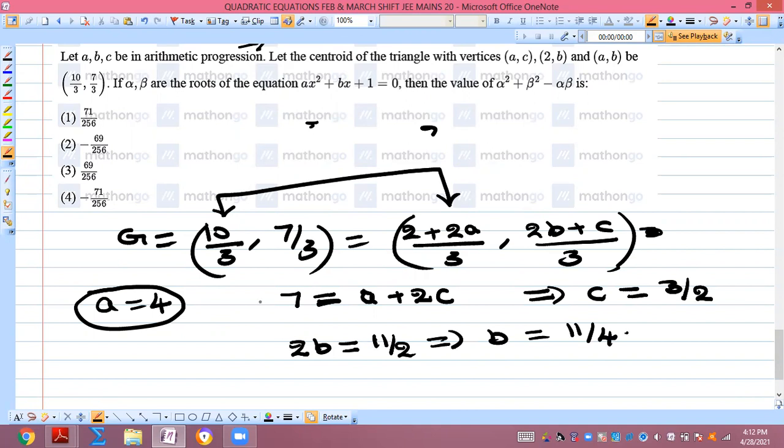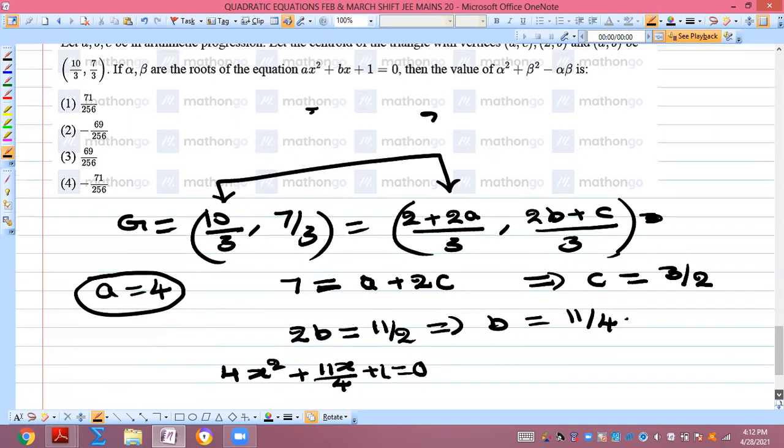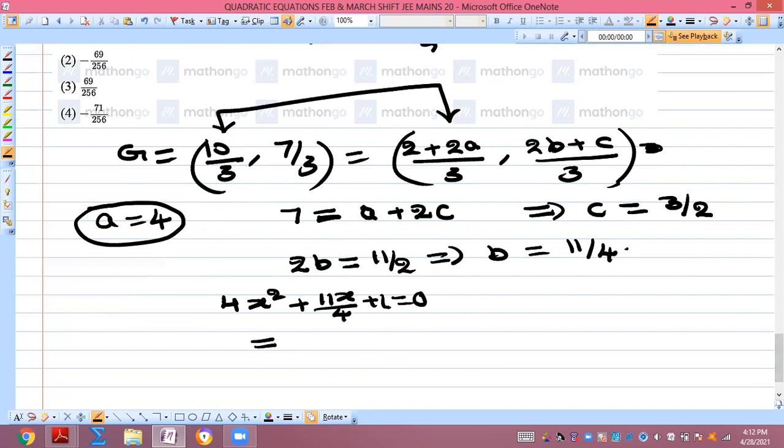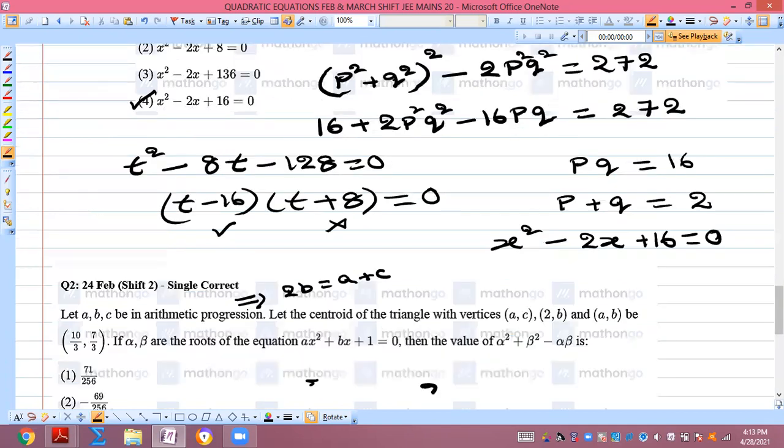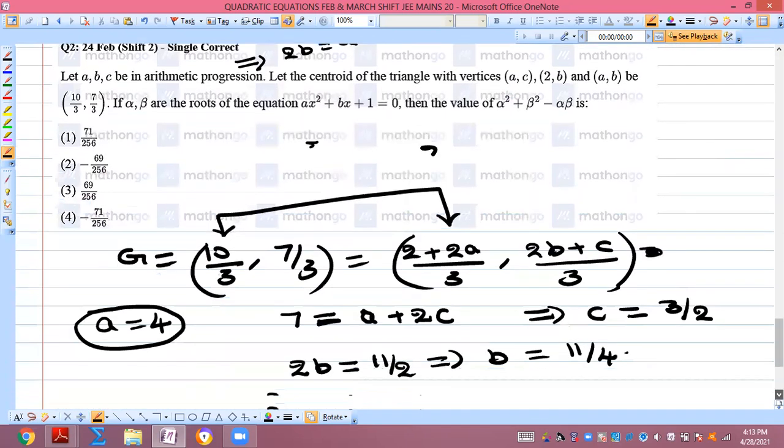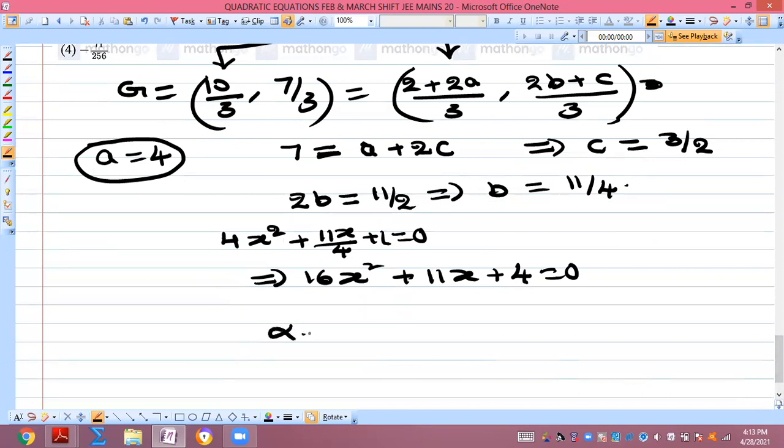Now they are making the equation ax square, that is 4x square, plus bx, 11x by 4, plus 1 is 0. For this quadratic equation, the roots are alpha comma beta, and we need to find them. That is 16x square plus 11x plus 4 is equal to 0. Now they are asking alpha square plus beta square minus alpha beta. Alpha square plus beta square means alpha plus beta whole square minus 2 alpha beta.